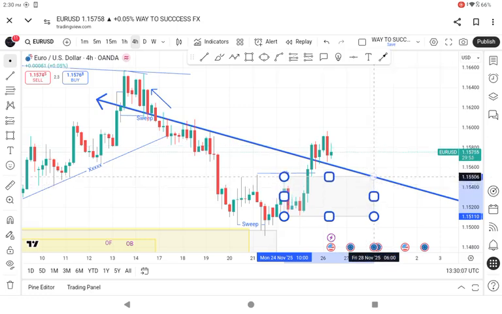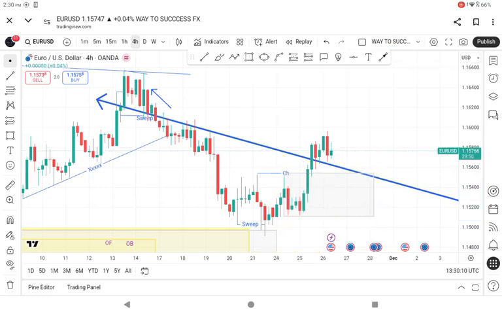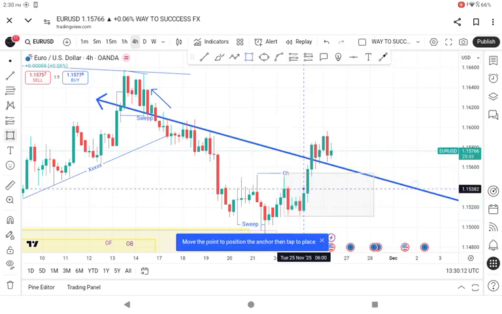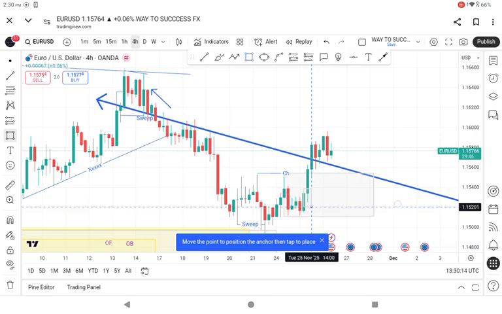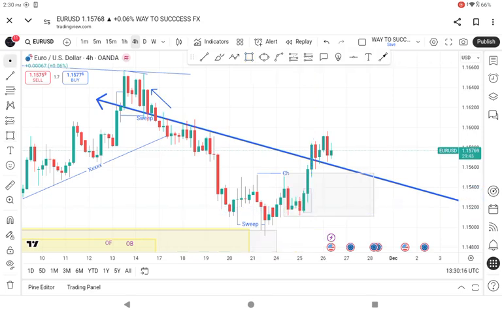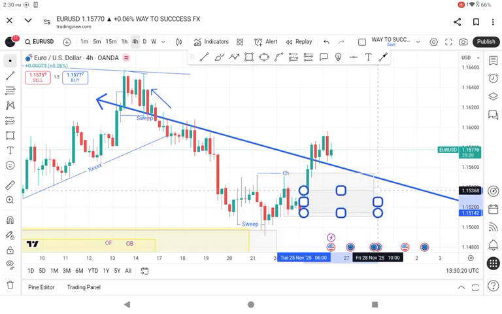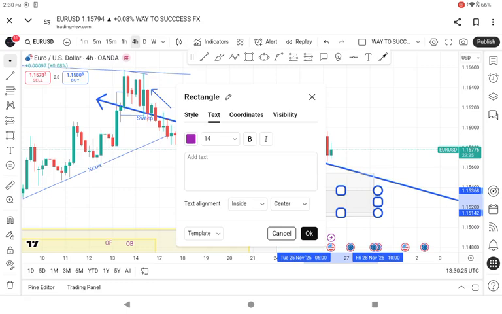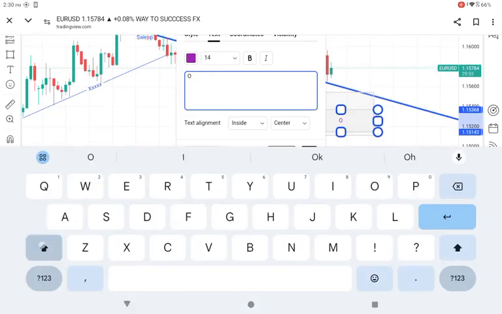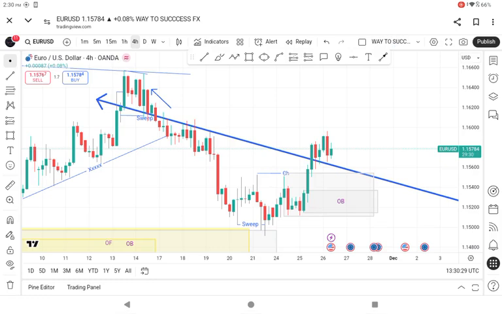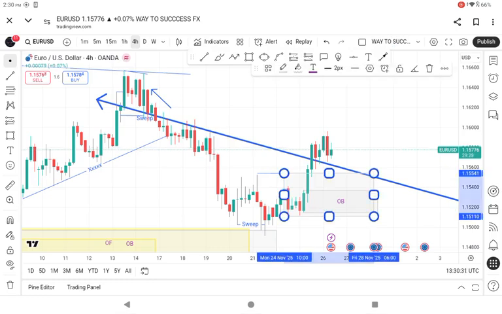This is the order flow, and for the refinement of the order flow, I have this order block. So if price should return to any of these levels, I'm ready to buy on EURUSD. Here is my OB, the order block, and the bigger box is my order flow.